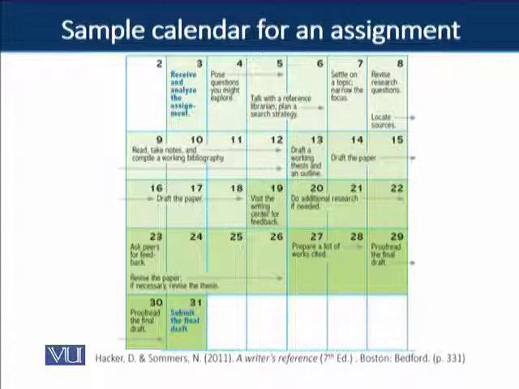And while doing that, you are preparing your end list of references. So these are the steps, and it's a typical schedule for the completion of an assignment, right? So that's the basic idea of the completion of your assignment.